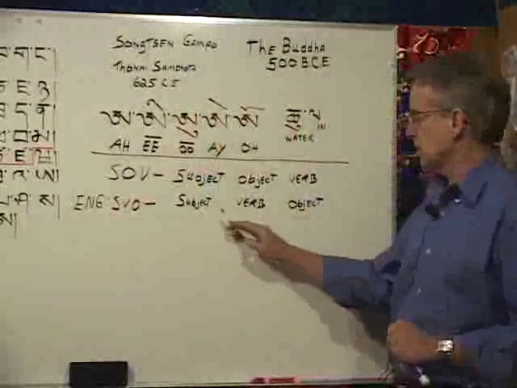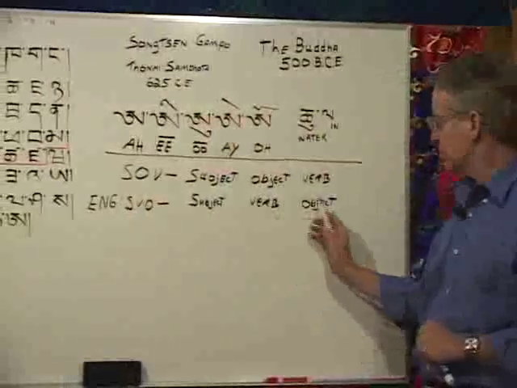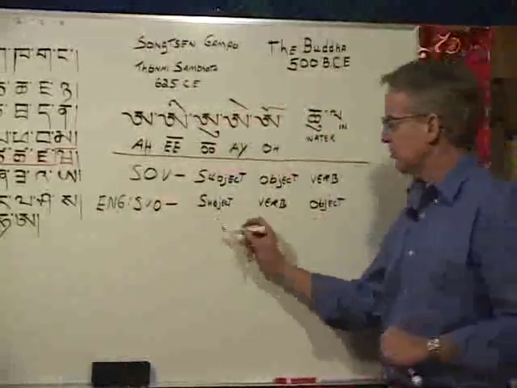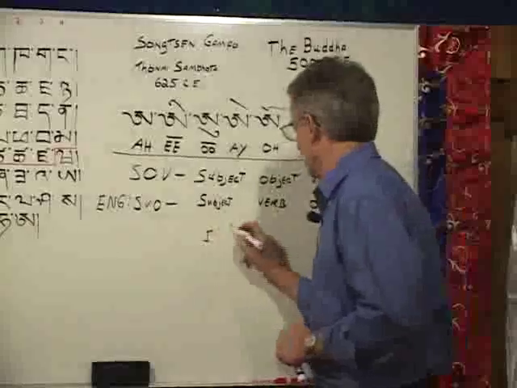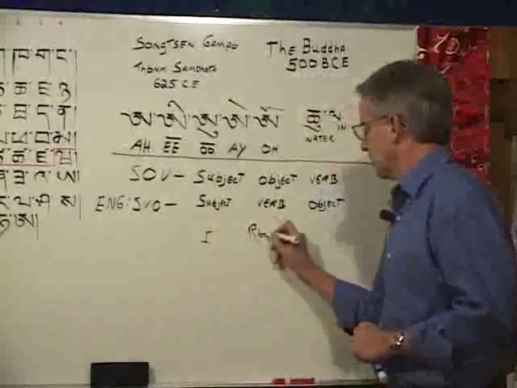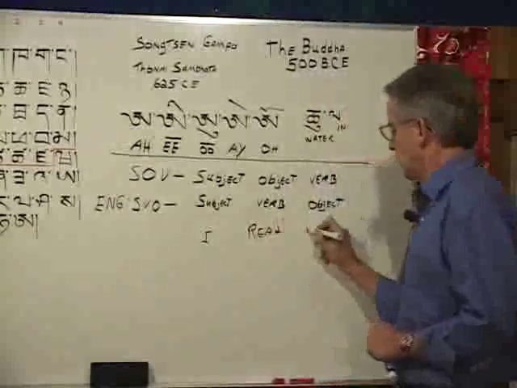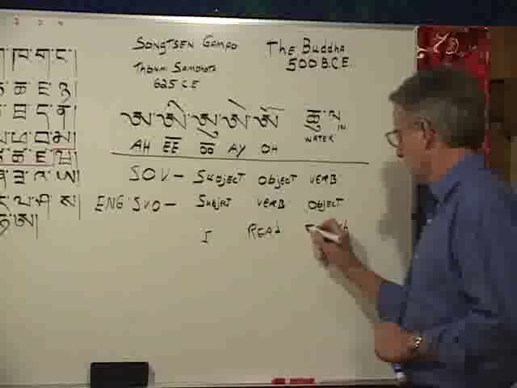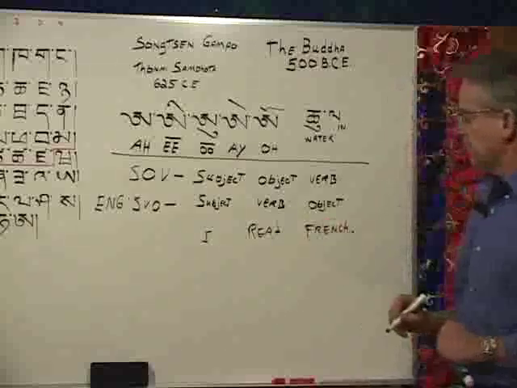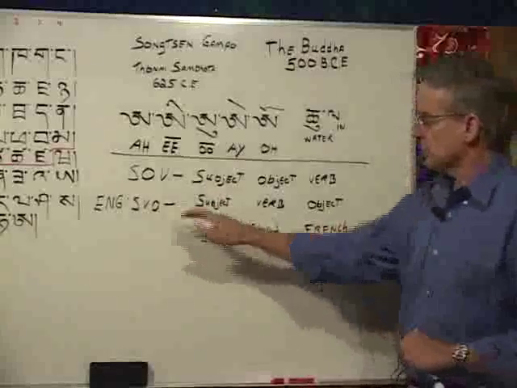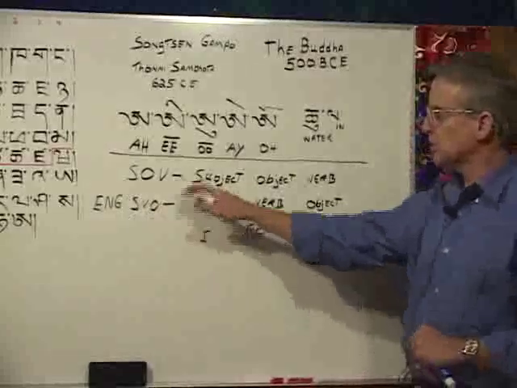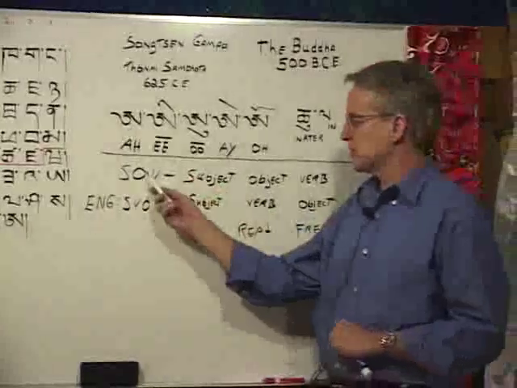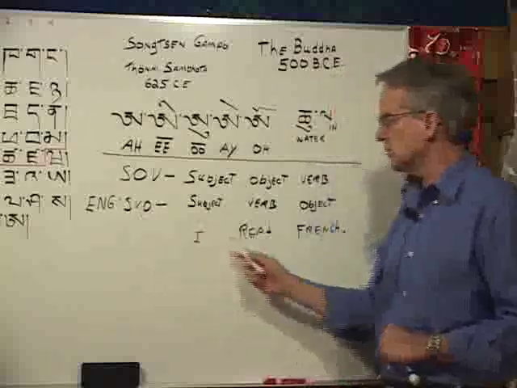So, for instance, in the sentence, I read French, the subject would be I, the verb would be read, and the object would be French. This is the way that English works, subject, verb, object. So linguists will classify all languages as either subject, object, verb, or subject, verb, object.